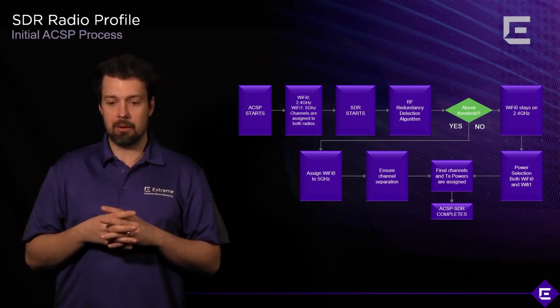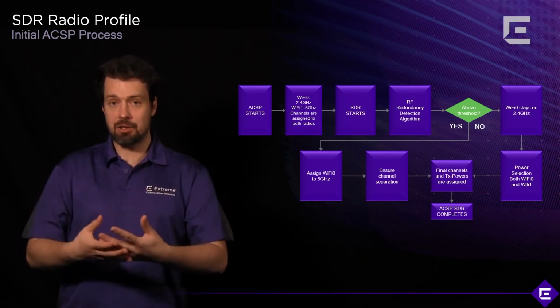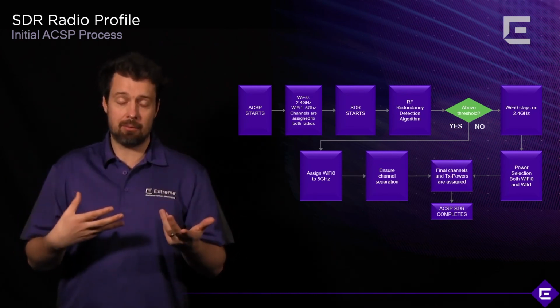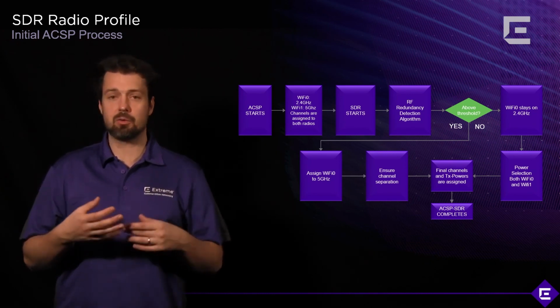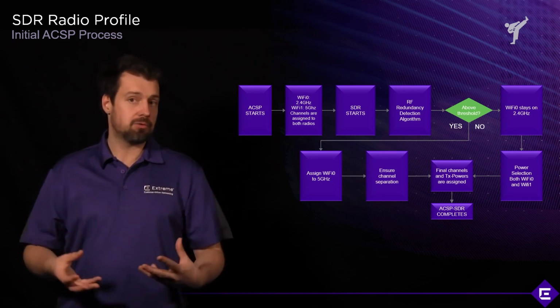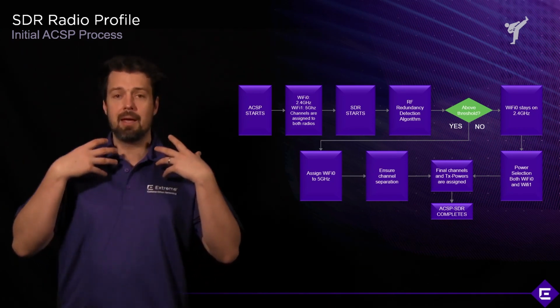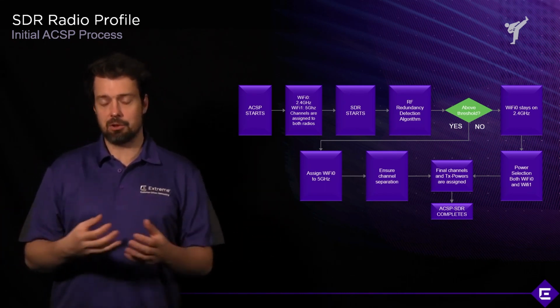So normally we see ACSP and SDR deployed in a way where the changes to the channel, power and frequency band are implemented during the night based on the measurements that happen during the day. This would be the least disruptive way of implementing this, without disrupting any client connectivity, without causing any dynamic or domino effect changes in your network during the day.